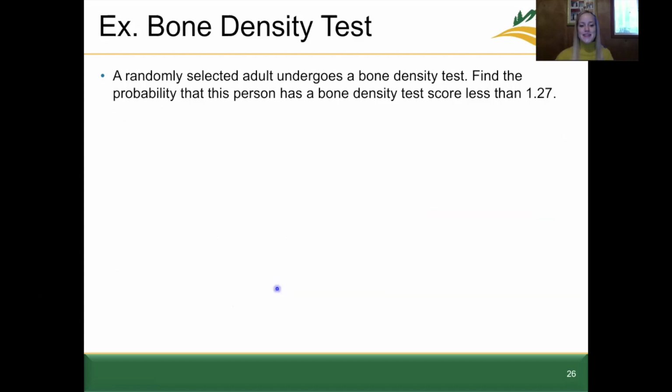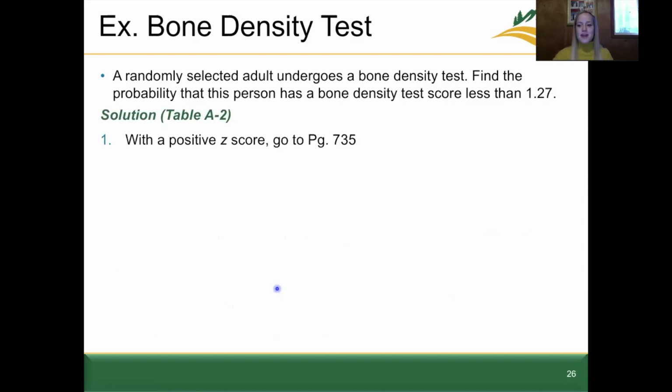Okay, so we used Excel, the best way to do it. Let's also use this other way of doing it using table A2. Using table A2, first we need to recognize that 1.27 is our z-score, and it is a positive value. The first thing to do is decide, is your z-score a positive or a negative value? If it's positive, like it is, we go to page 735, where it's labeled positive z-scores.